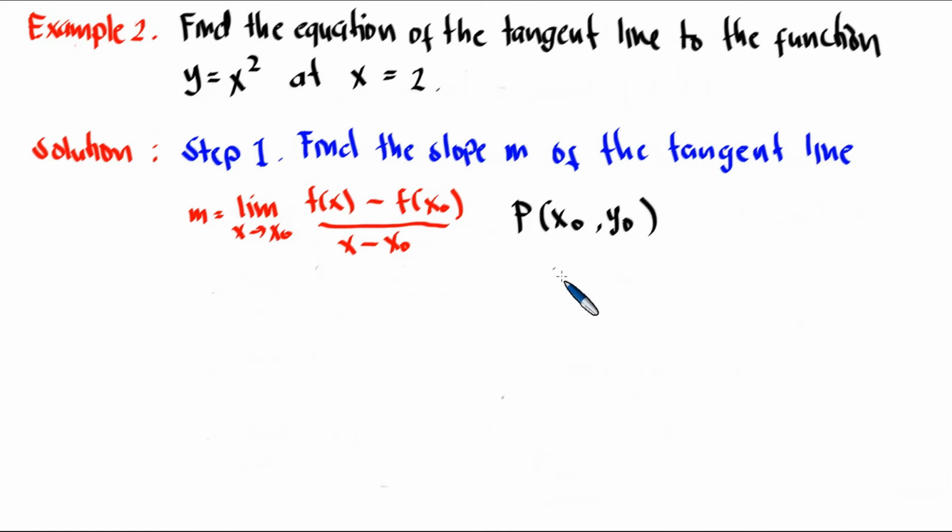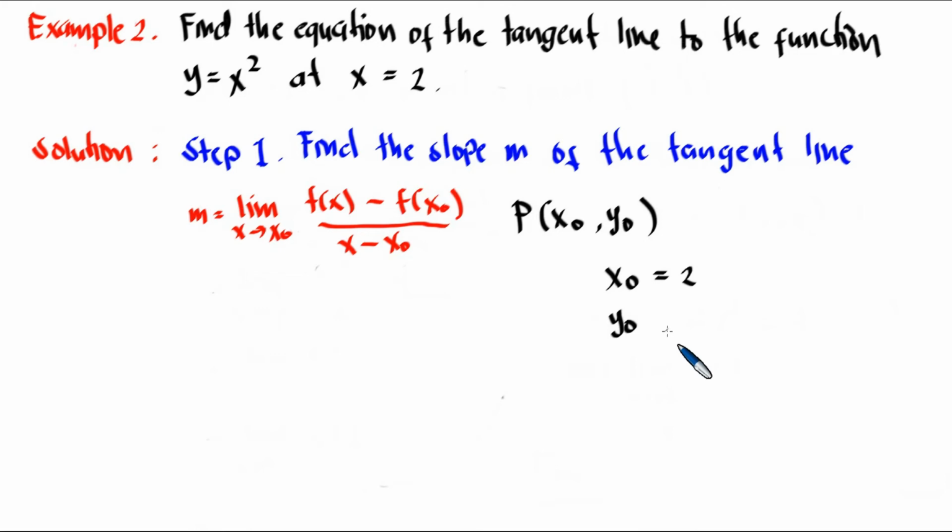Now, in the example above, we are only given the x coordinate, and that is x sub 0 is equal to 2. However, the y coordinate is easy to find.